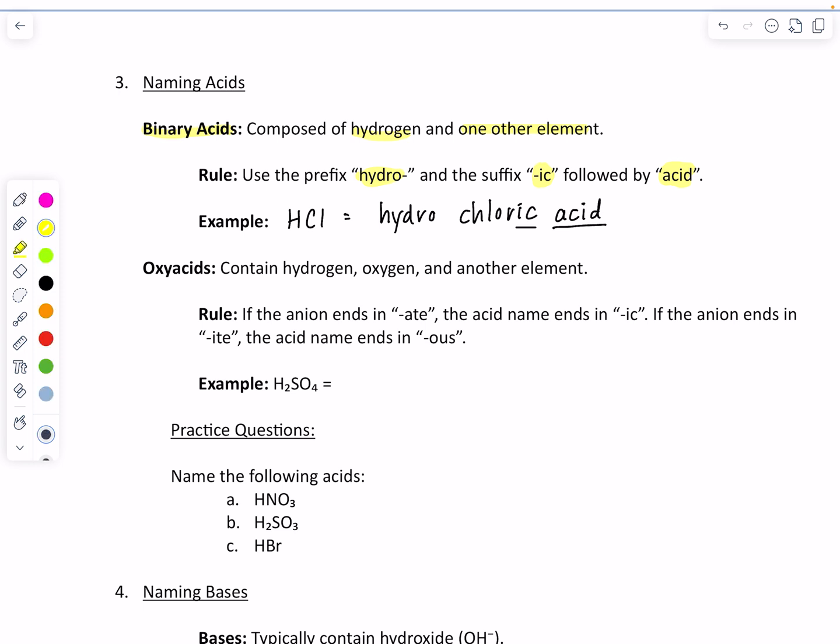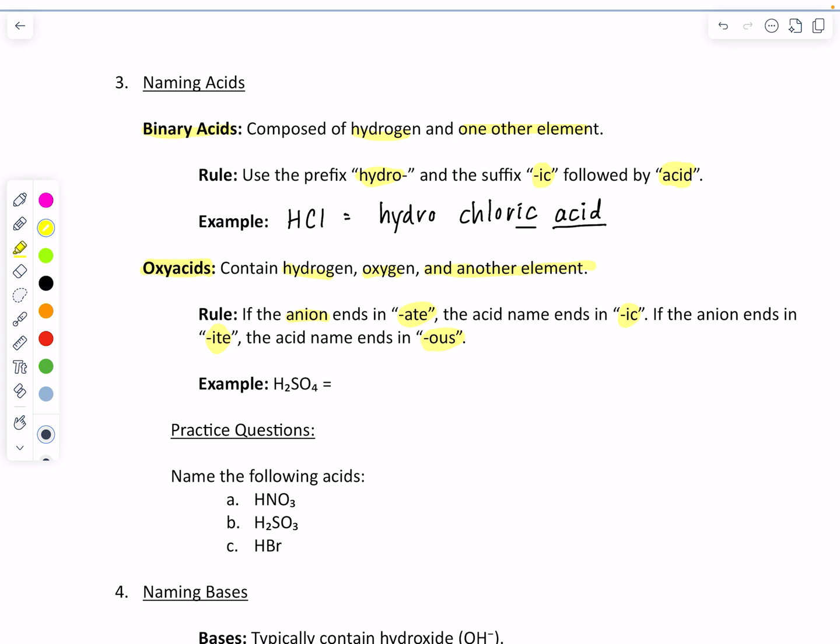Oxyacids are acids that contain hydrogen, oxygen, and another element. If the anion in the reference table up above ends in ate, then the acid will end in ic. If the anion ends in ite, then the acid ends in ous.